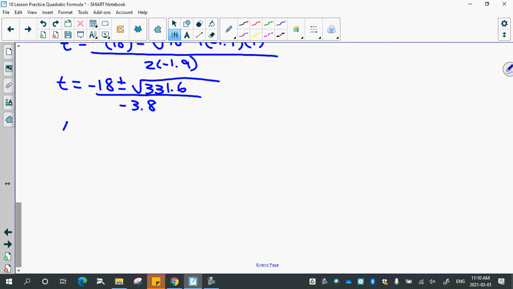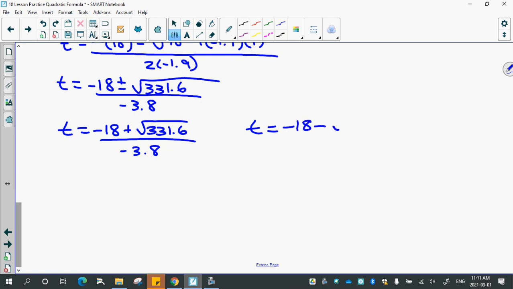So now I'm going to break into my two answers. So t equals negative 18 plus the square root of 331.6 over negative 3.8, and t equals negative 18 minus the square root of 331.6 over negative 3.8. And now I'm just going to calculate these, making sure I get the correct answers on my calculator.